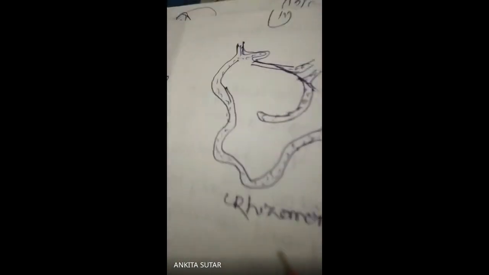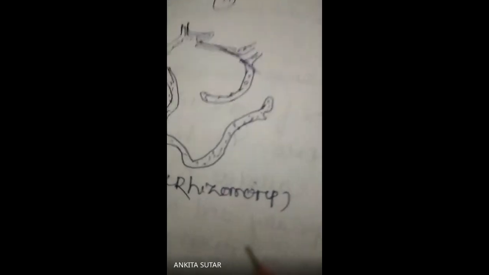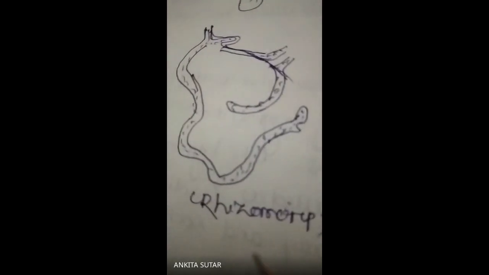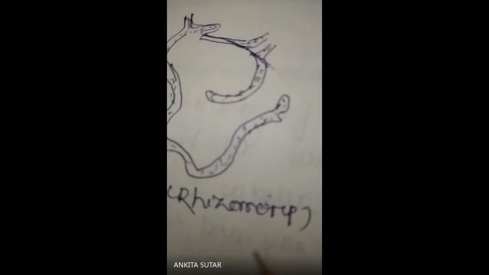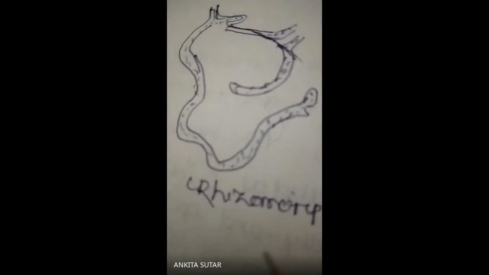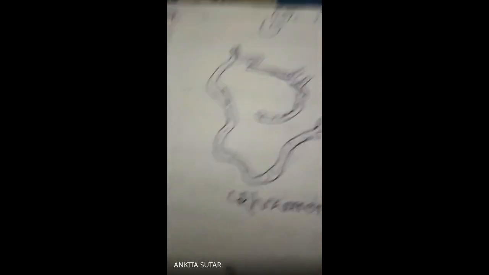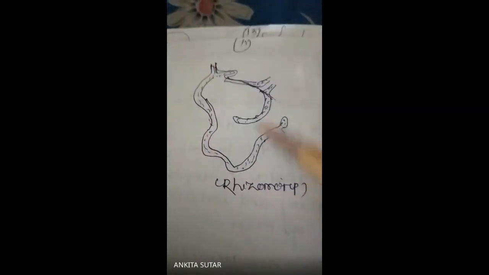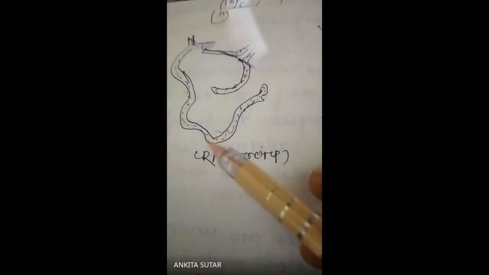Next, come to the point, rhizomorph. Here you can see the structures of the rhizomorph. Rhizomorph means thick, dark colored strands of somatic hyphae. That means they are vegetative hyphae which run parallel to each other, as thick, dark, band-like structures.